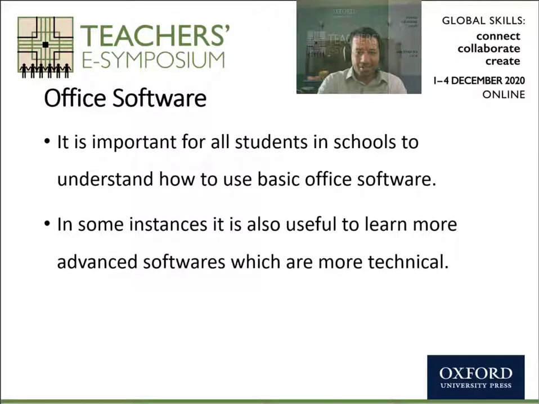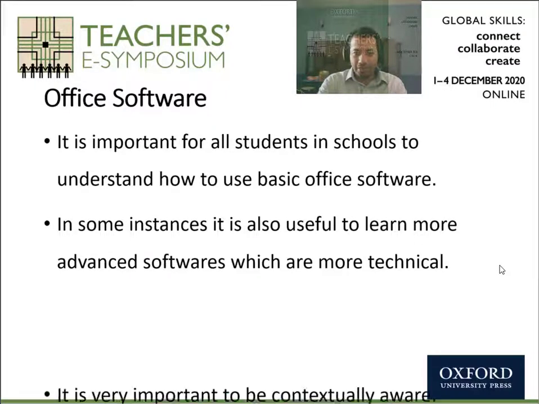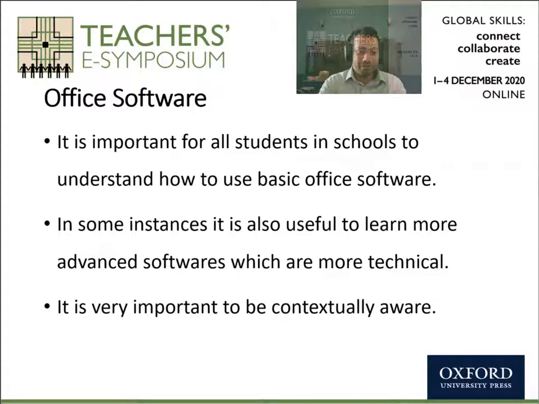Right? So it's very important for us to be contextually aware of our situation. So if our context doesn't really allow for very generalized knowledge, then we should focus on the vocations.